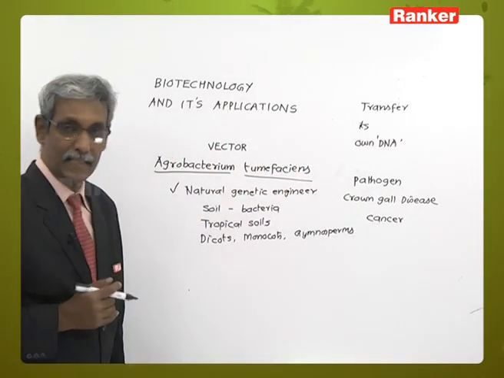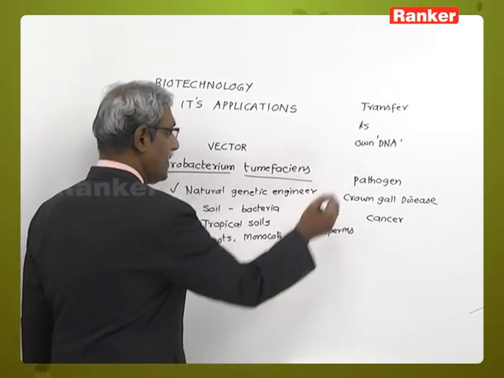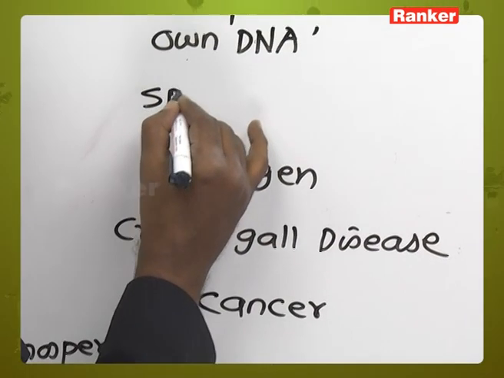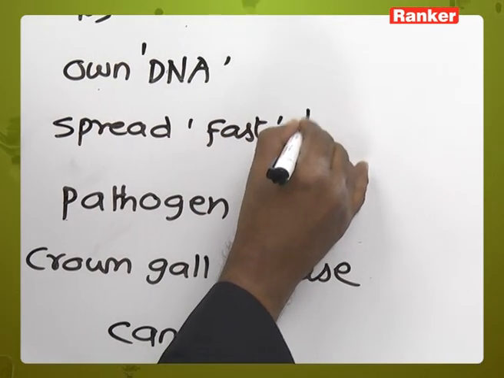Because it can cause crown gall disease, its DNA can spread very fast in the host cells.